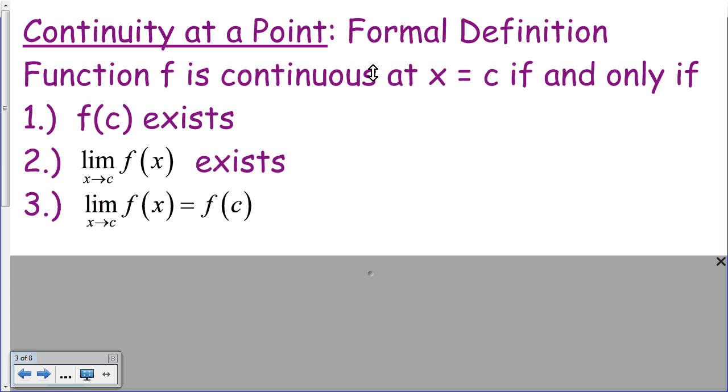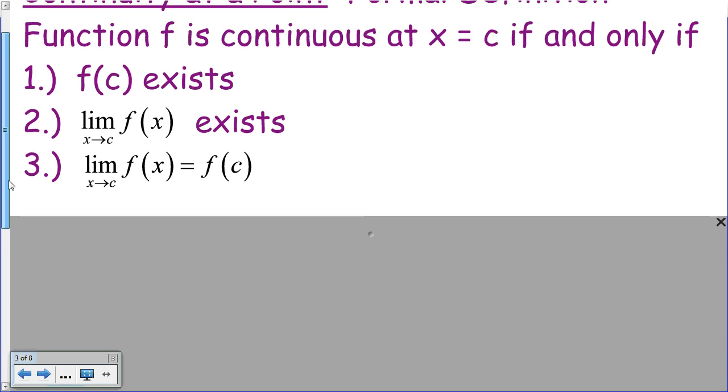And again, going back to the second graph that we sketched there, both f of c and the limit exist, but they didn't equal each other, and that's the part of the definition that failed there. So we were not continuous with that removable discontinuity where it had that point defined up above. All right, so that's our formal definition.